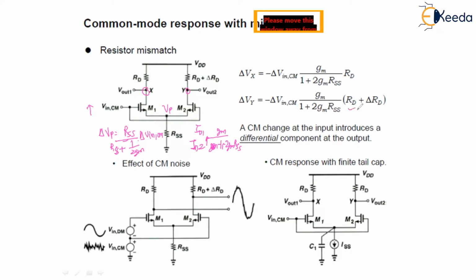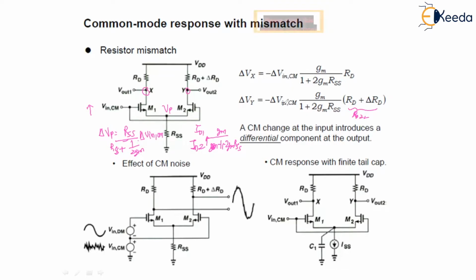This is the resistance RD2. Thus, a common mode change at the input introduces a differential component at the output.